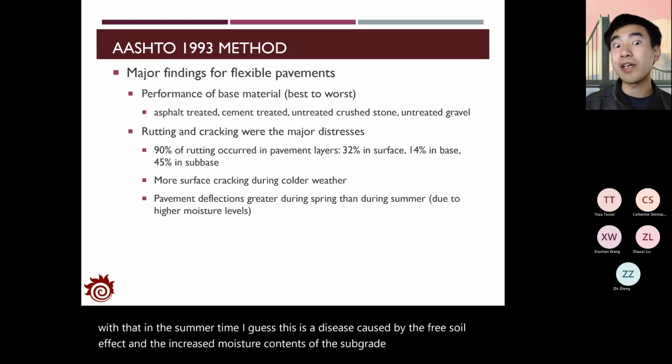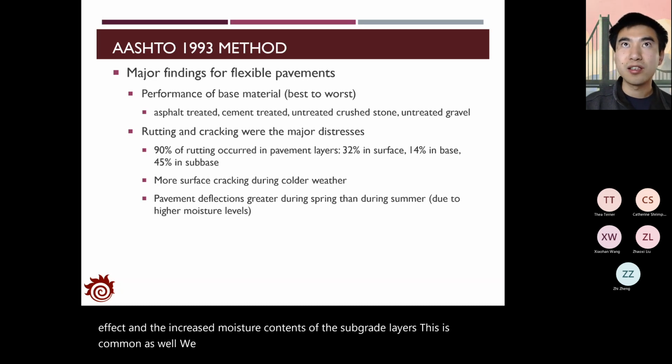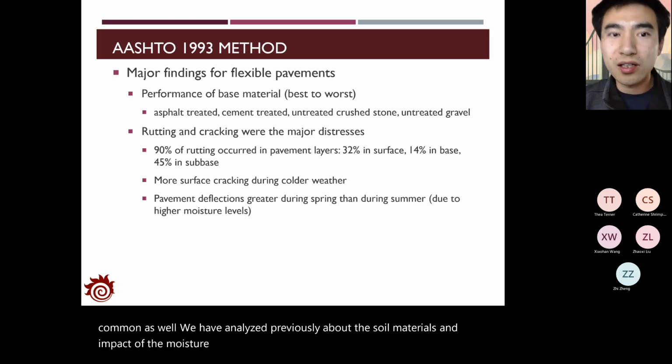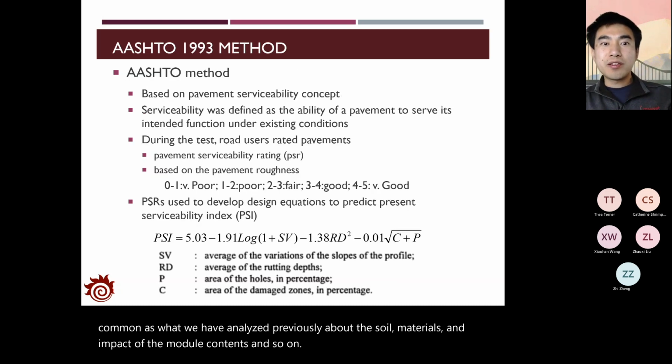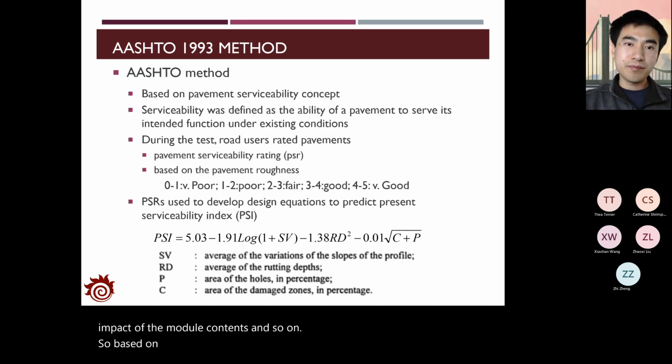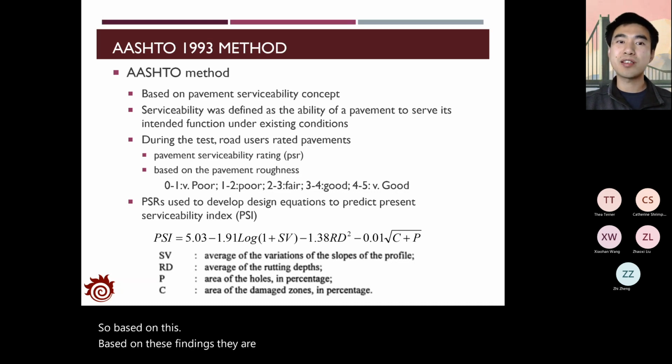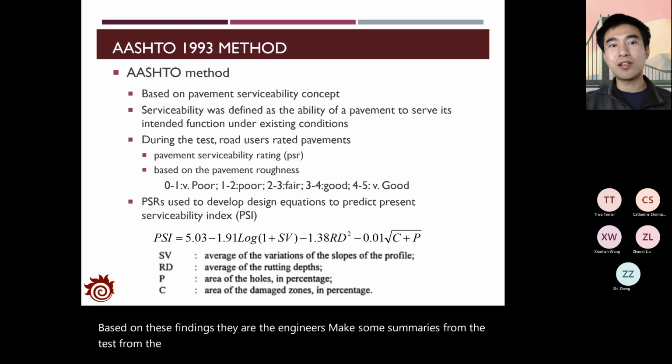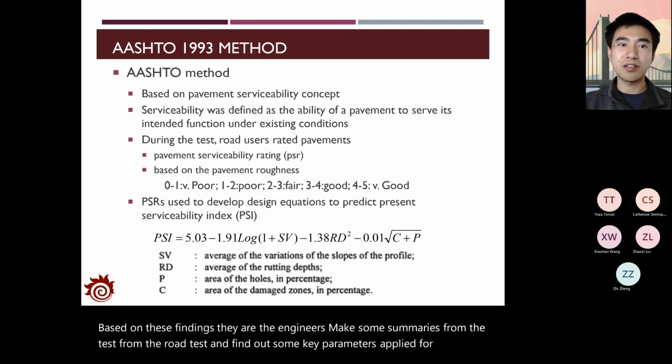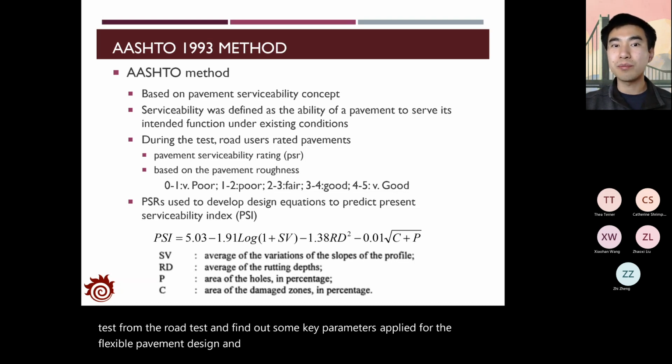This is common with what we have analyzed previously about the soil materials and the impact of the moisture contents. Based on these findings, the engineers made some summaries from the road test, found some key parameters applied for the flexible pavement design, and developed the AASHTO 1993 method.